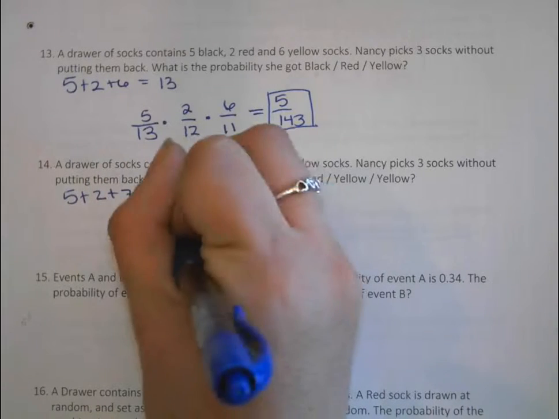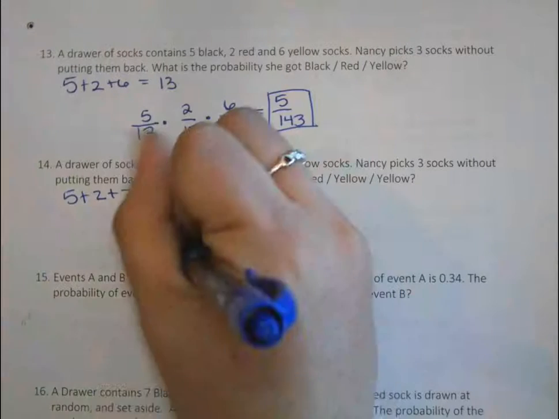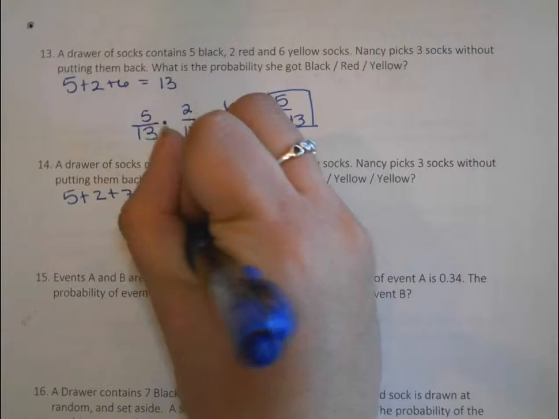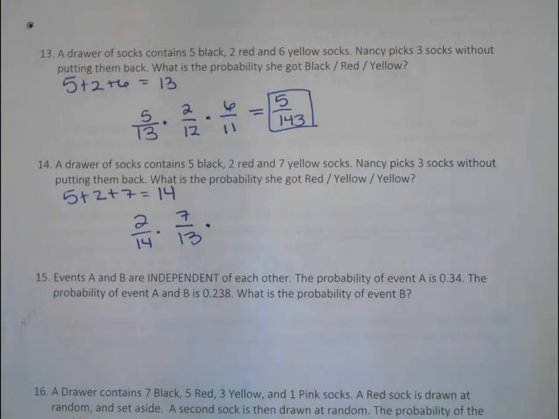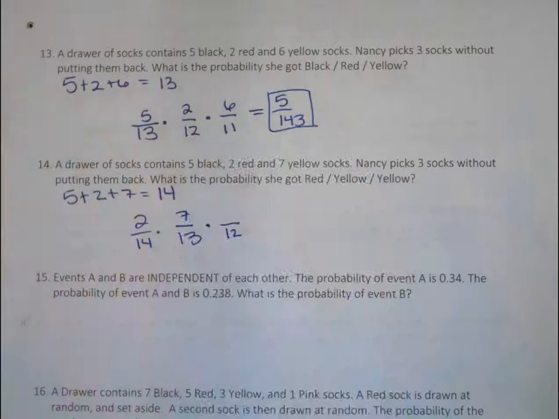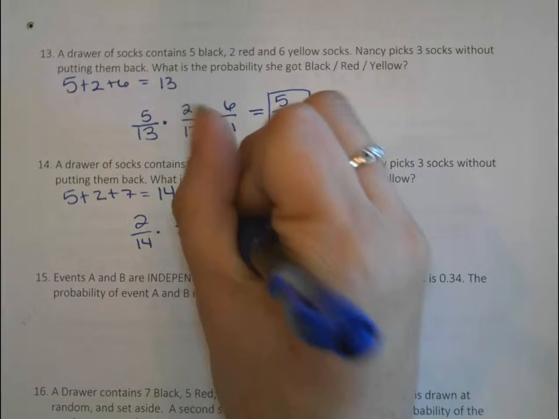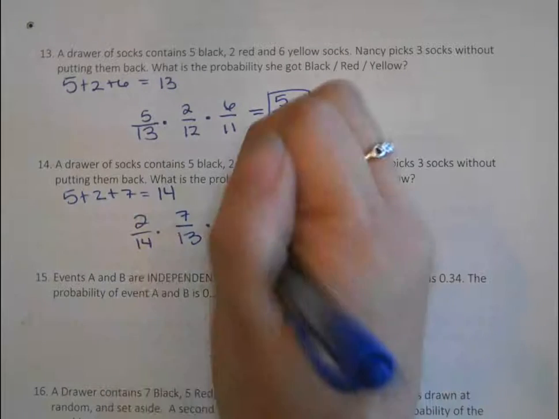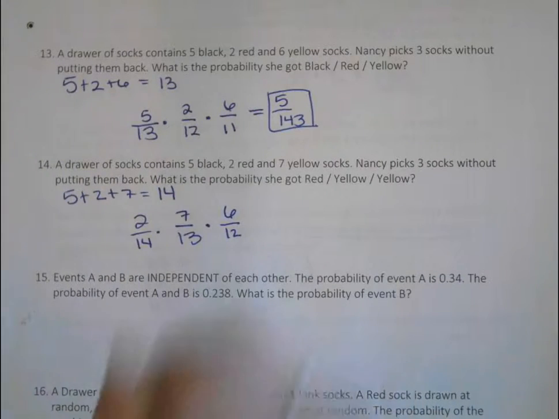She goes in a second time. She's hoping for that red sock, but she's pulled out one already, so she's only got 13 socks. Now she pulls out a yellow. There are 7 yellows. So now she's going to go back in. She's hoping for a red or a yellow. And so she has 1 less sock from her last pull. She actually pulls out a yellow this time. So because I pulled out a yellow, that was the 7, I'm going to subtract that one as well, and I have 6.